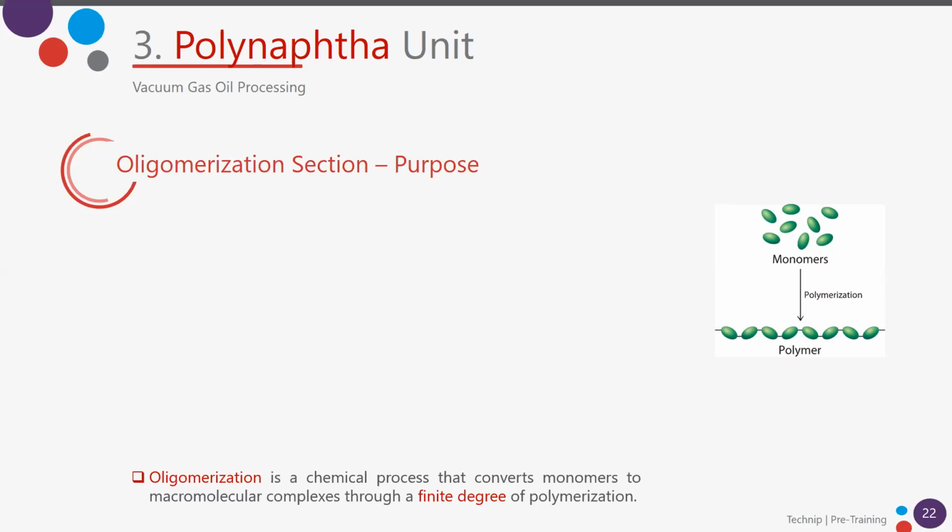You don't go to the complete polymerization of the monomer. That's the phenomenon that we are going to see in this section, the oligomerization. This is the difference between a polymer and an oligomer: poly is many of these monomers, and the oligomer has few monomers together.